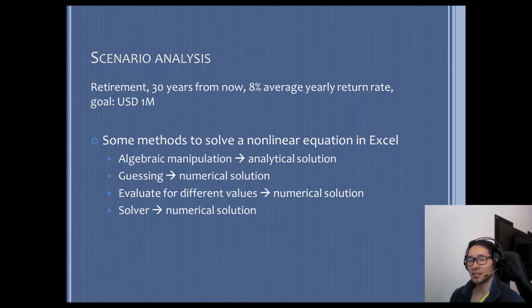Before I explain in more detail how Solver works, we will try to solve this problem we have at hand using both algebraic manipulation and evaluating the equation for different values, or guessing. So let's move to Excel a little bit.